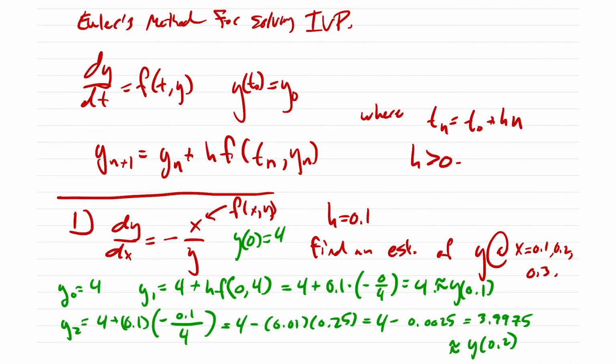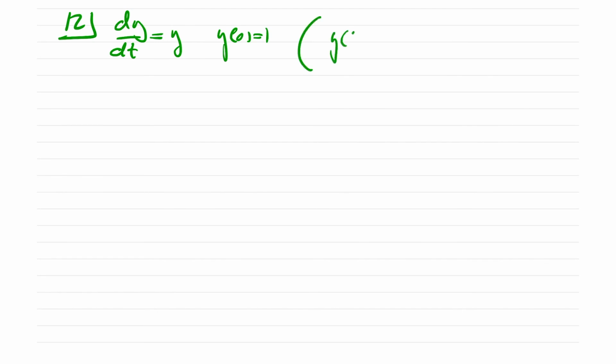There's one problem that was a little different. I thought this was kind of a fun problem. So number 12. Basically what we're trying to do is start with dy/dt equal to y, and y of 0 equal to 1. Now we know from differential equations that means y of t is equal to e to the t, right?